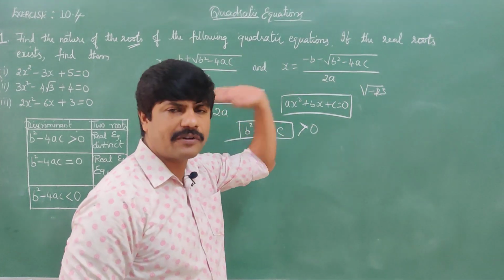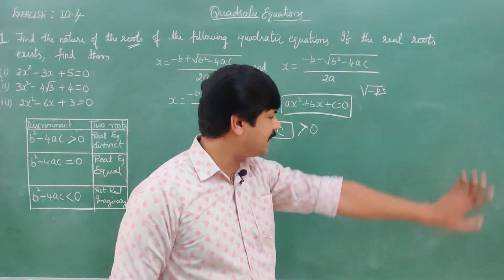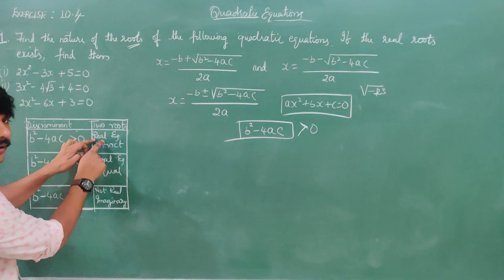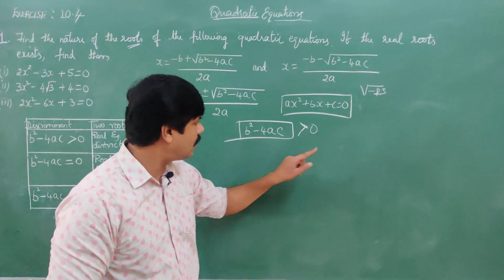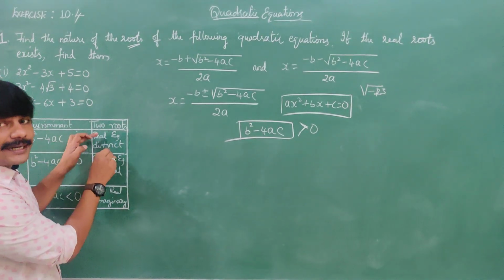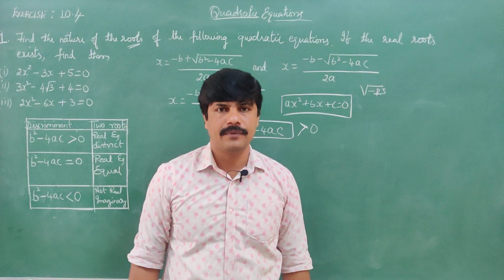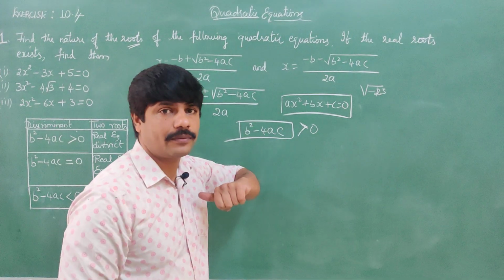All the numbers after 0, whichever number comes, in terms of decimal, fraction or whatever it is, becomes real. Okay, if it is more than 0, understand? And distinct. And distinct means you will get two different values for x. Understand? When b square minus 4ac is more than 0.